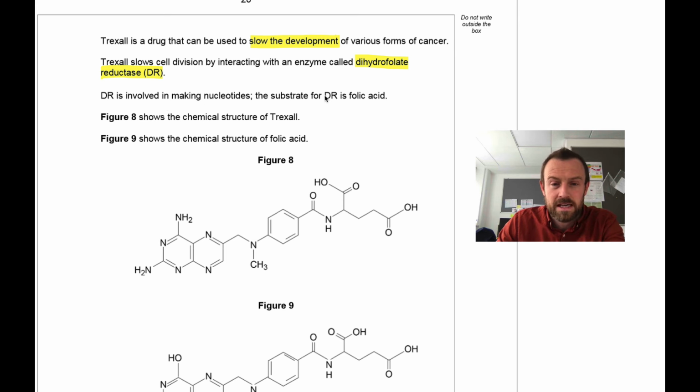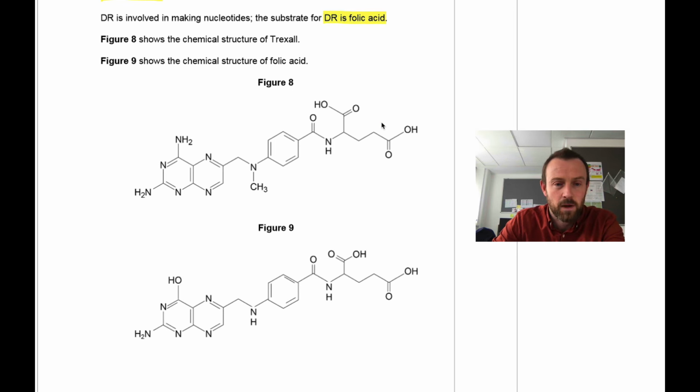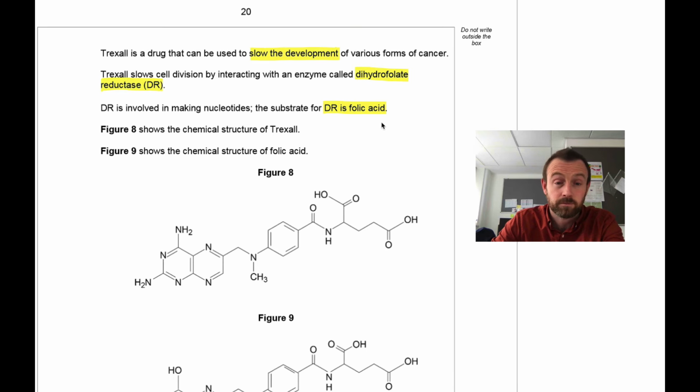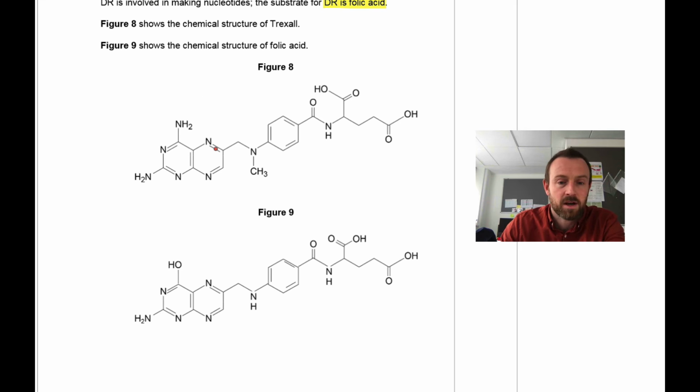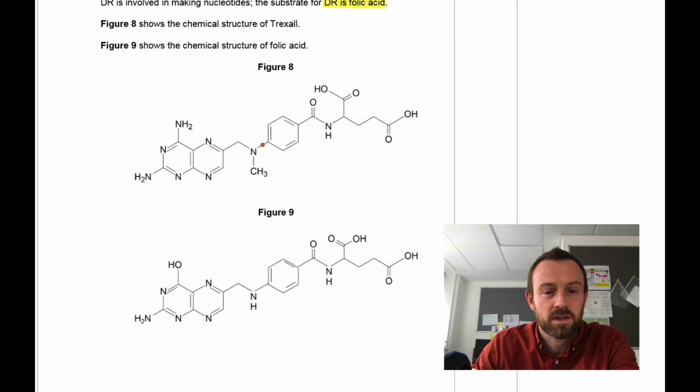The substrate for DR is folic acid. Trexol and folic acid have a very similar shape, and because of that it is most likely going to be competitive inhibition. So this is Trexol, and this is folic acid.